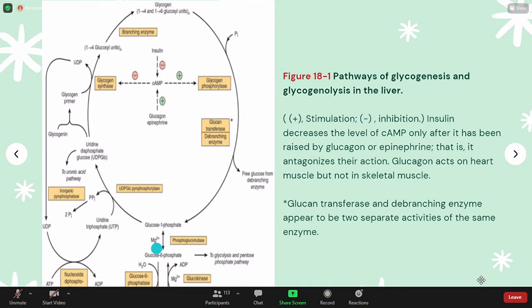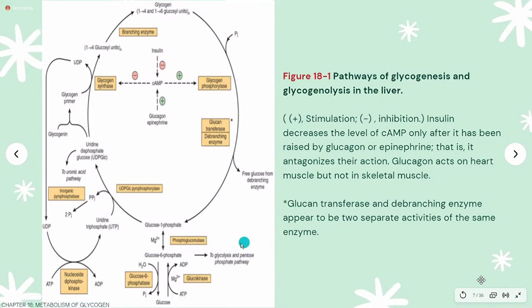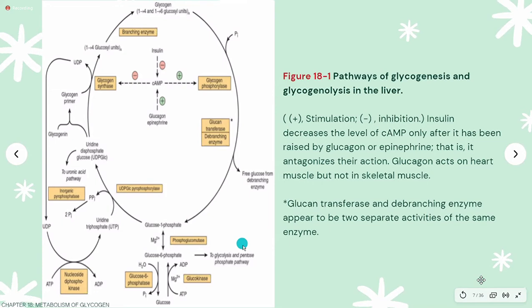Some of that becomes free glucose, or it goes to glycolysis and the pentose phosphate pathway, another pathway. See? Now, when you are eating again, there's plenty of glucose, this pathway now will go this way. So how is this brought about? This one is phosphorylated.